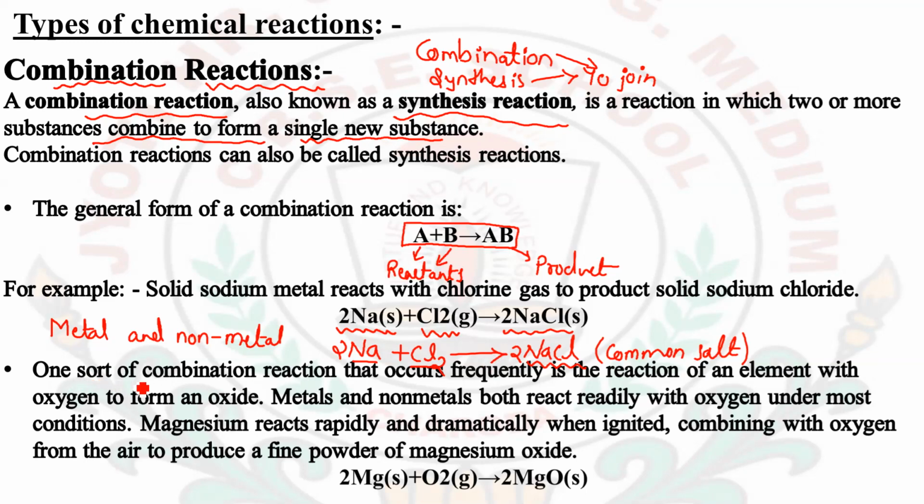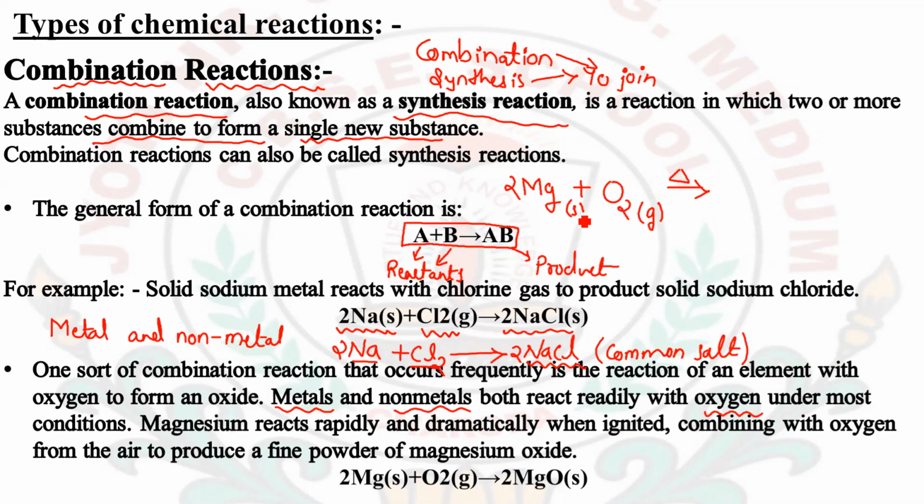Next, another type of combination reaction is where metals and non-metals react with oxygen to form oxides. Here I am taking an example. When I burn a magnesium ribbon in air, magnesium reacts with oxygen gas, because oxygen is essential for the burning process.